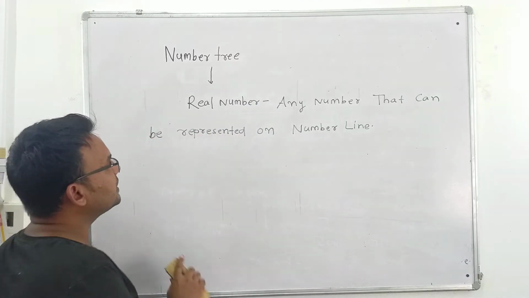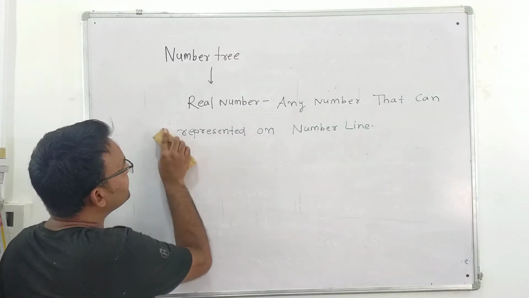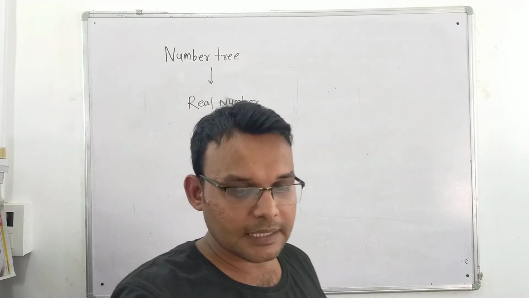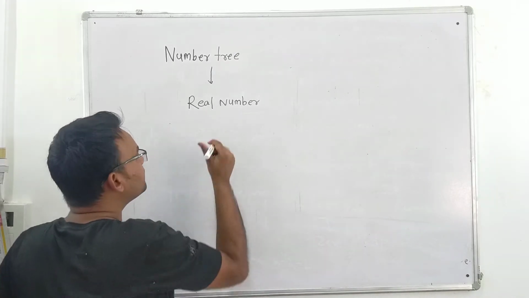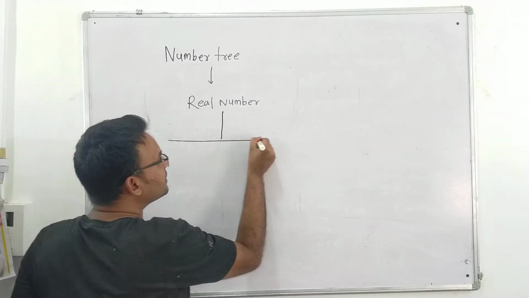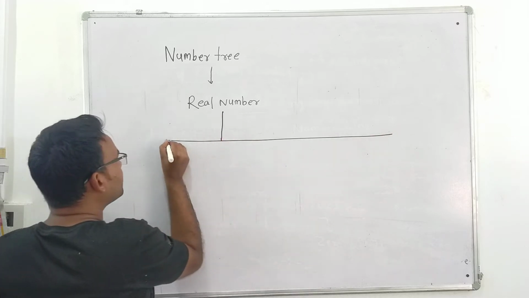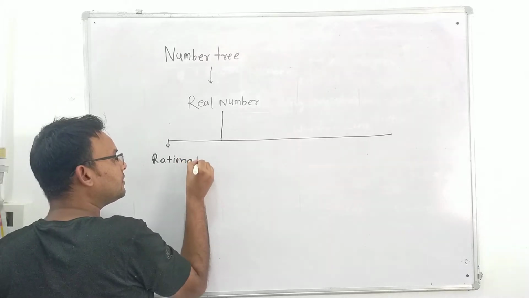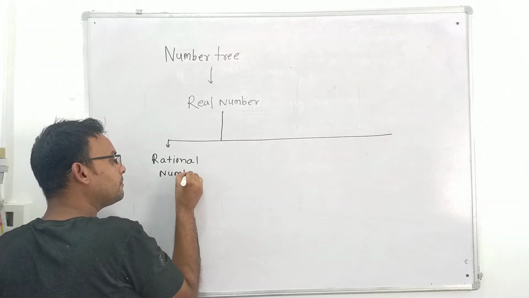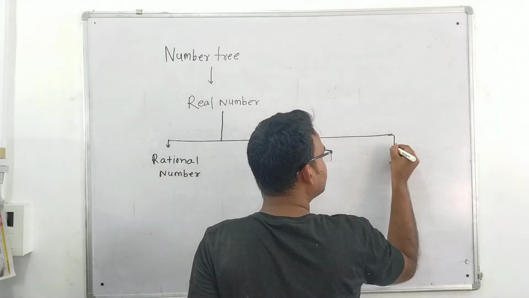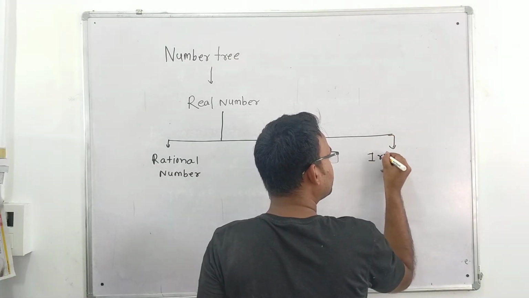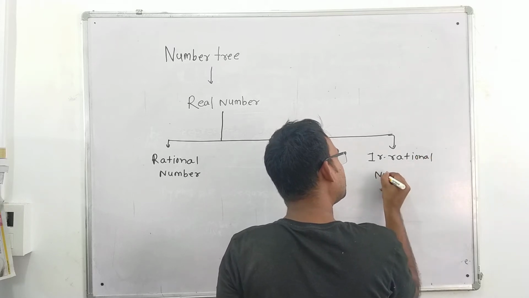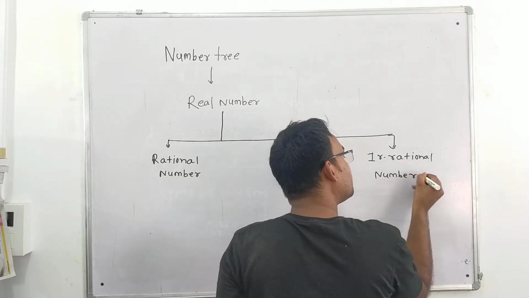Now this real number is further classified as rational number and irrational number.